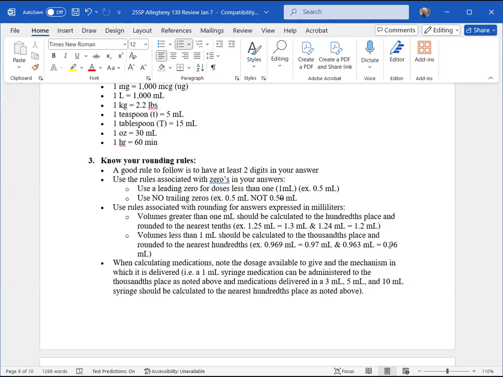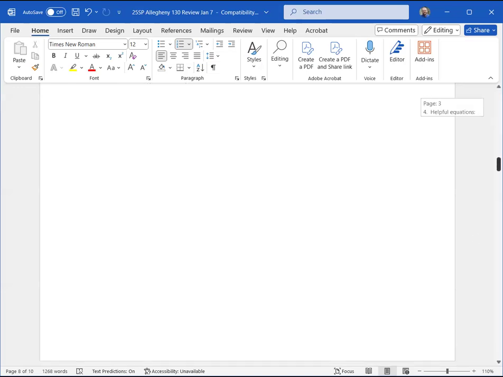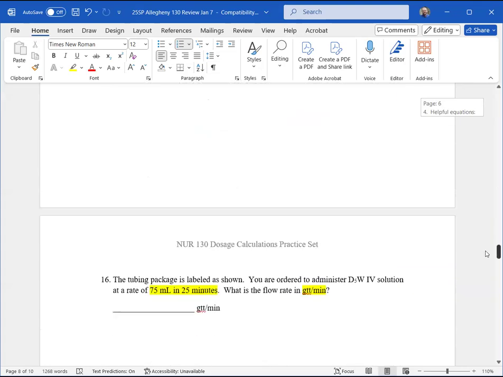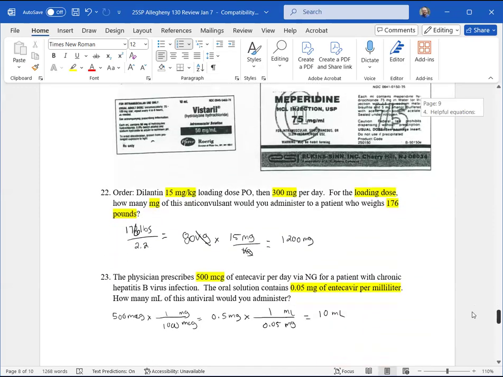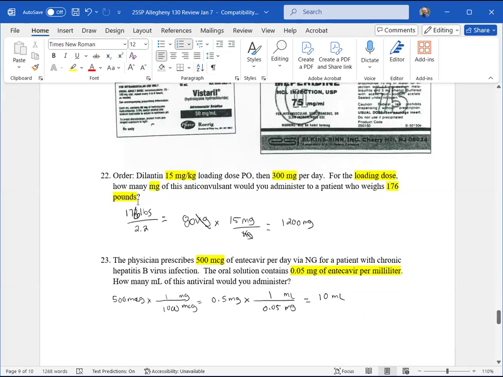And that does include when you're solving for something like, I'm just going to go back down here to that Dilantin question, where it says 176 pounds. Now, let's say that was not an even number. Let's just try 173 pounds.